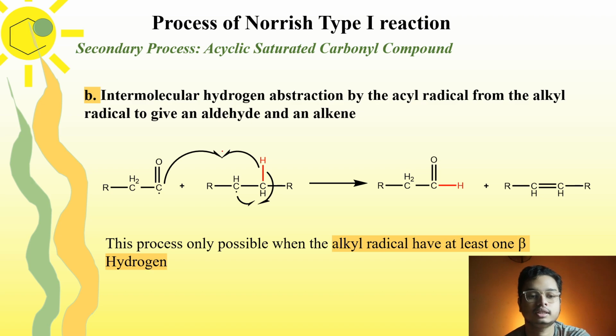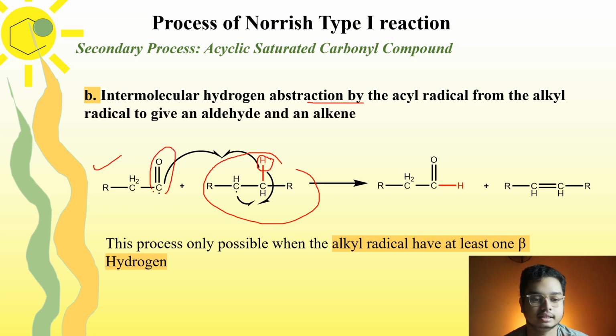At that time, actually, intermolecular hydrogen abstraction takes place. Now, intermolecular hydrogen can be abstracted by two pathways. First pathway is shown here, where the alkyl radical is here. That alkyl radical hydrogen is captured or abstracted by the acyl radical.